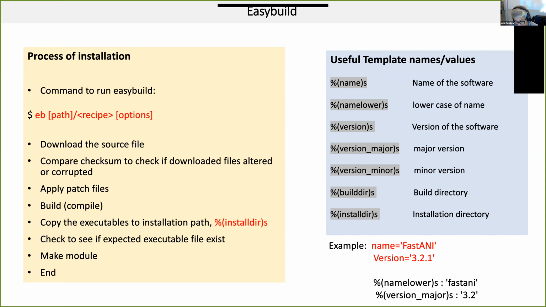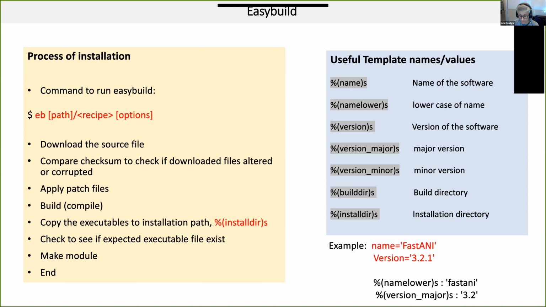This is an example for you. For example, if the software's name is FastANI, you will see that FastANI contains capital letters and small letters too. And if you specify version 3.2.1, so if you want to call name anywhere in the recipe, you can always use %(name)s.